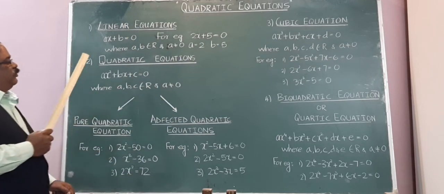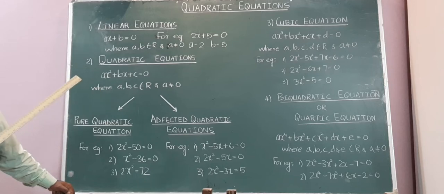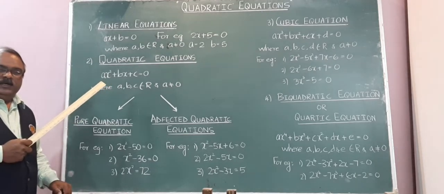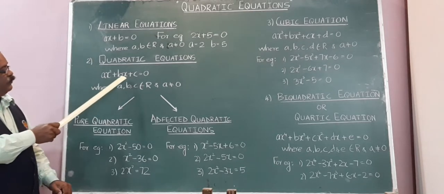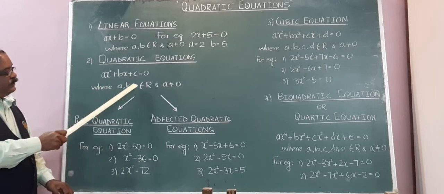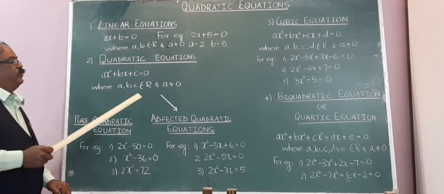We go to the second concept, that is quadratic equation. Now what's a quadratic equation? A quadratic equation in the variable x is an equation of the form ax square plus bx plus c is equal to 0, where a, b and c are real numbers, and where a is not equal to 0.